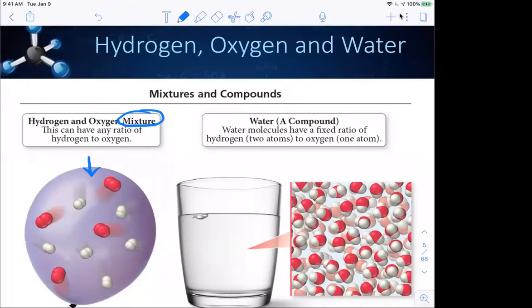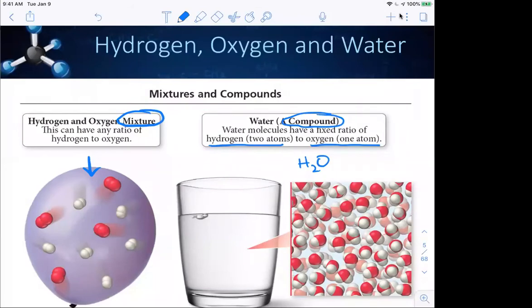However, when I look at my water, which is going to be a compound, those water molecules have that fixed ratio. I have 2 hydrogen atoms to 1 oxygen atom. I always have H2O. I can't change that ratio. If I have more hydrogen atoms or more oxygen atoms, I don't actually have water.